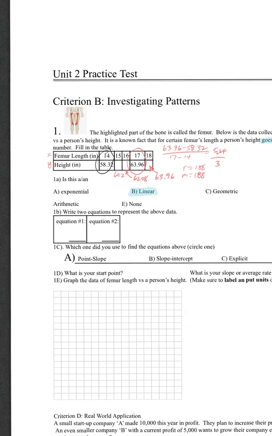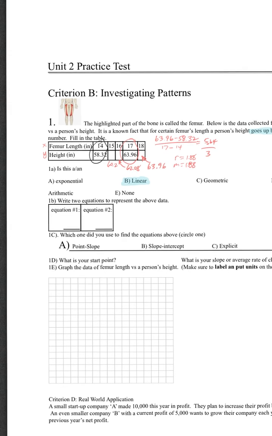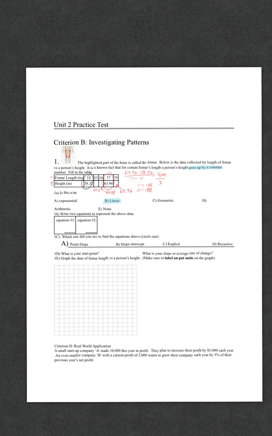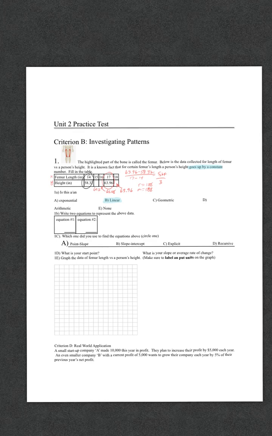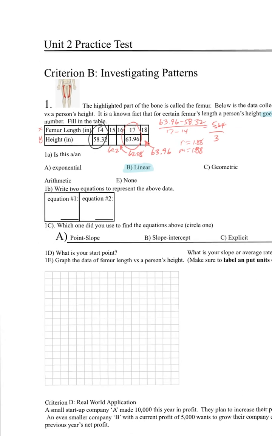Then, I originally wrote down linear, and then write two equations to represent the data. For some reason this converted in a very weird way, so you're going to have to bear with me.